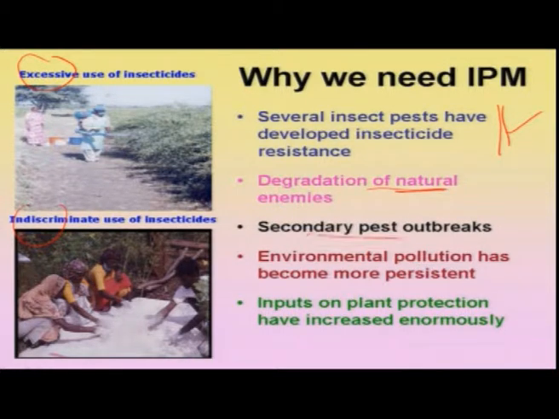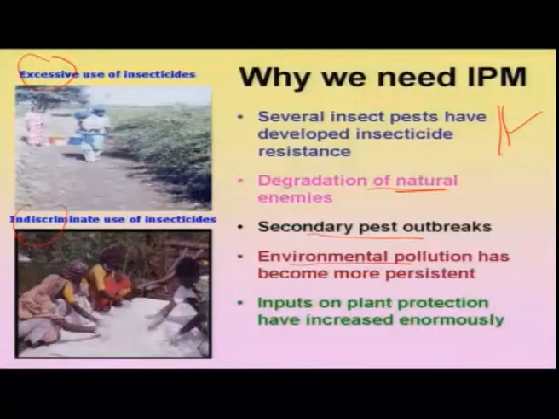Then some of the minor pests or secondary pests becoming major pests is another reason for IPM implementation. And then environmental pollution because of overuse of pesticides is also one of the reasons for IPM development.